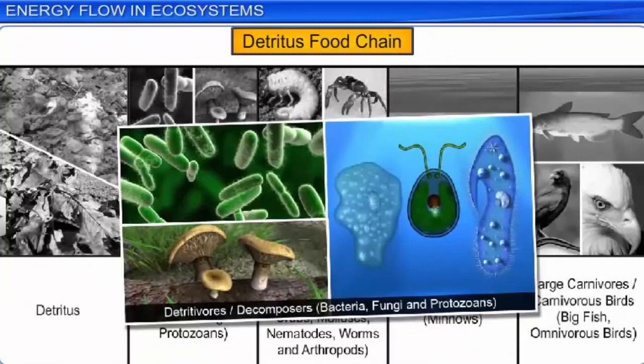Detritivores or decomposers may be consumed by detritivore consumers, which, in turn, may be preyed on by small or large carnivores. The DFC is usually shorter than a GFC.